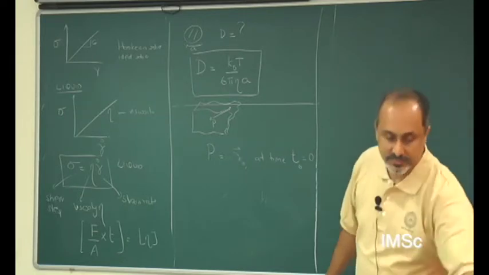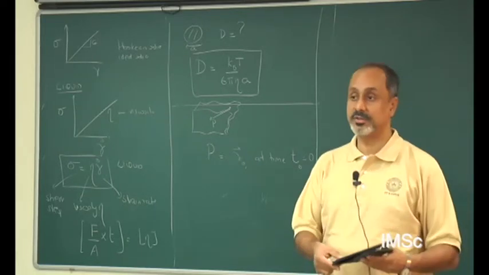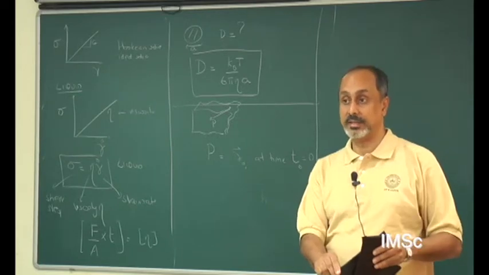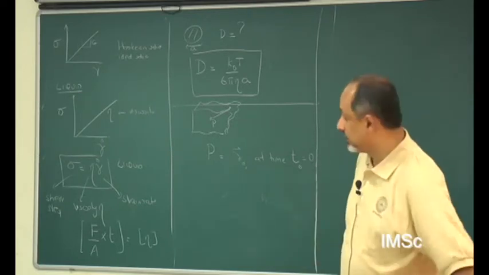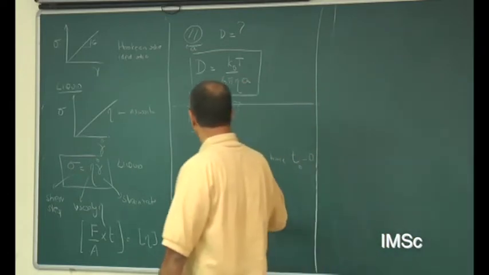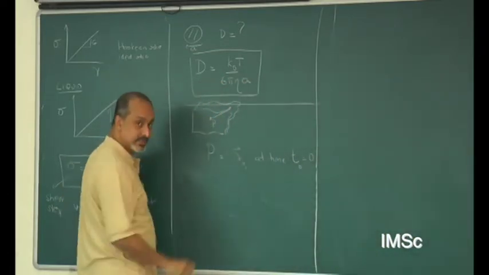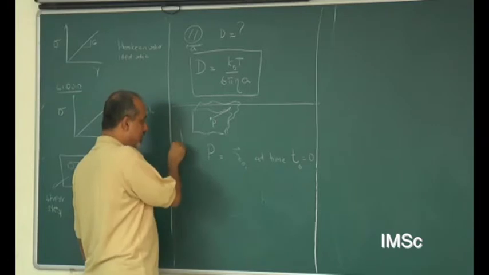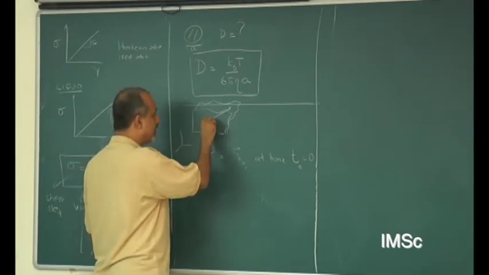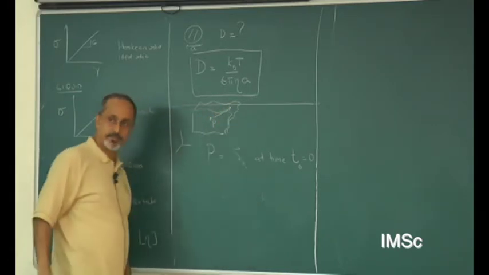So I have a block, something like this. At t equal to 0, it is not deformed, and then I bend it. If I know what point I started out with, which is the point here, in some coordinate system that I will draw, now this point has gone to some other point here.